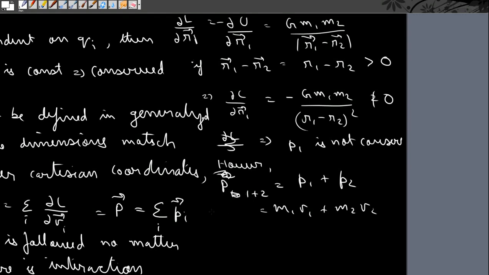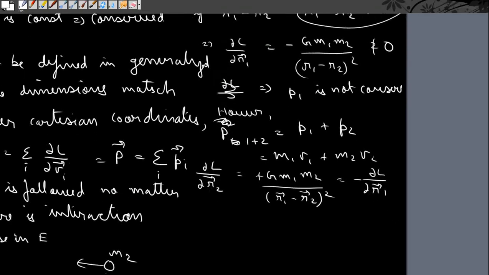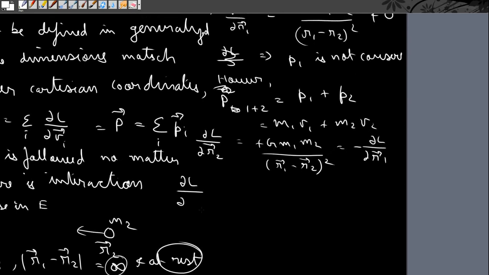But if you see dou L by dou R2, for R1 minus R2 greater than 0, this is equal to plus G M1 M2 by R1 minus R2 the whole square, which is minus dou L by dou R1. So what we see is that dou L by dou R1 plus dou L by dou R2 is equal to 0.